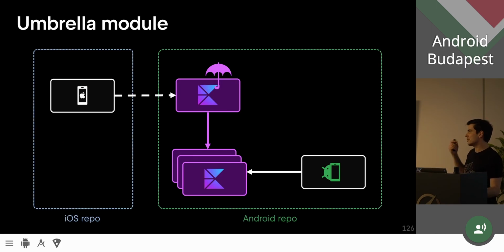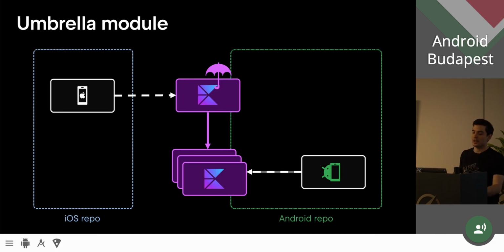Things get more difficult if these repos are separated, because now there's a publication step, right? The umbrella module has to build that framework, you have to publish that somewhere, and the iOS repo has to pull that in. So if multiple teams made changes to multiple features in the KMP code, those features are going to land in the iOS app at the same time, which means that you probably have to adopt the iOS app to those new changes at the same time, which can lead to weird conflicts and difficulties with organizing these sync points.